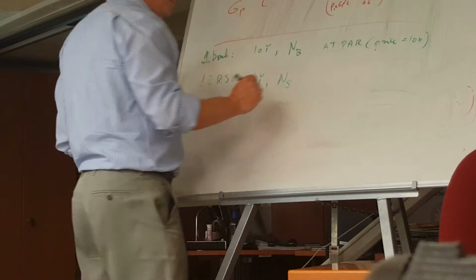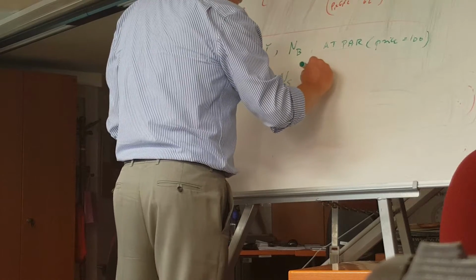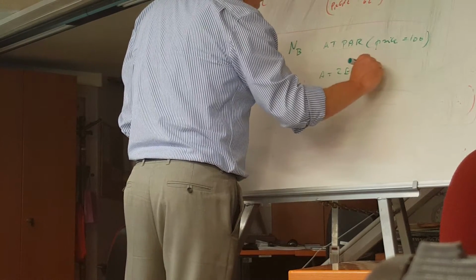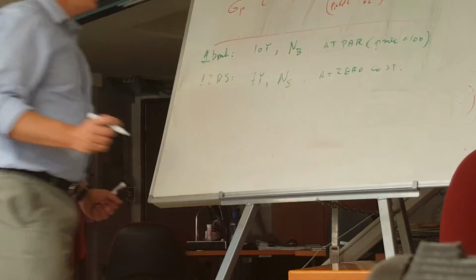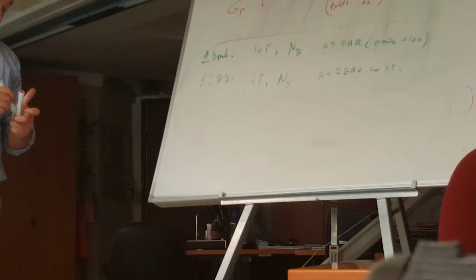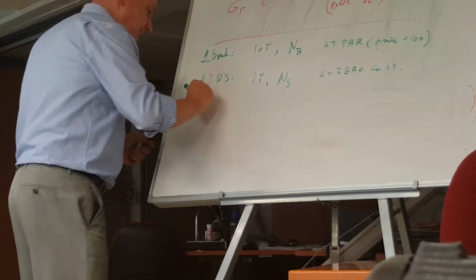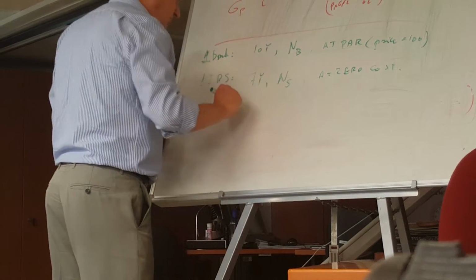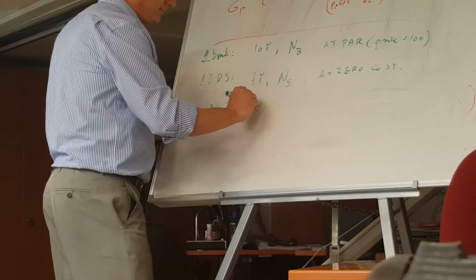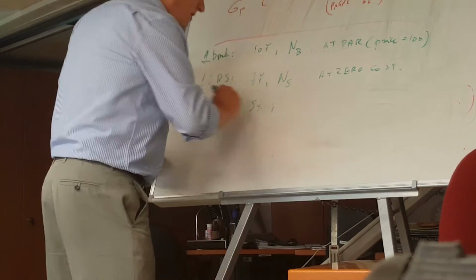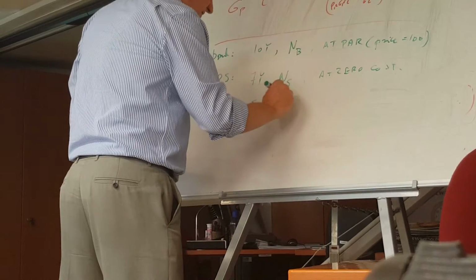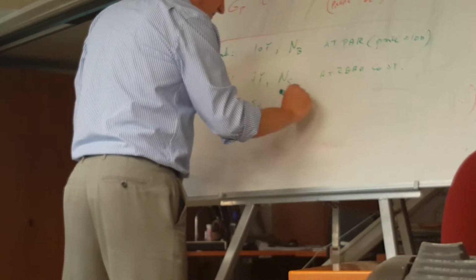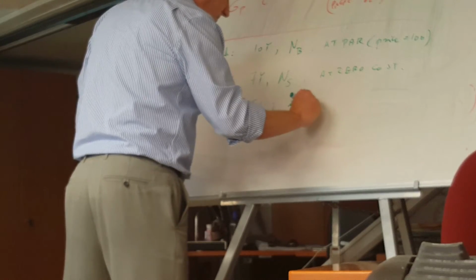Notional amount for the swap, it's initially at zero cost, okay? And the 10-year interest rate is 5%. The sigma of the 10-year interest rate is 50 bips.